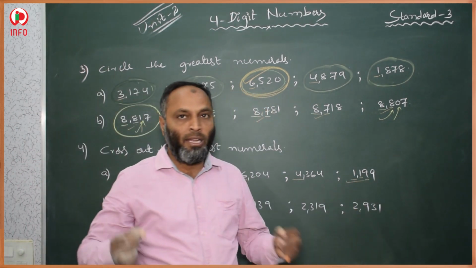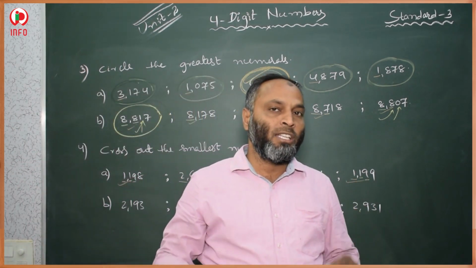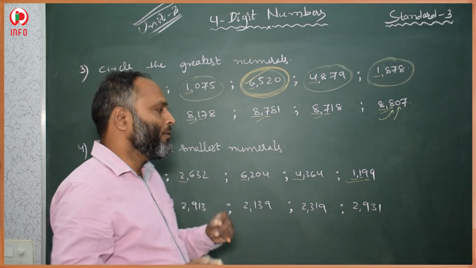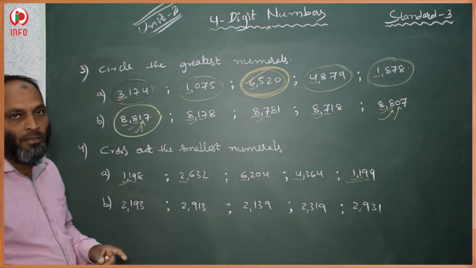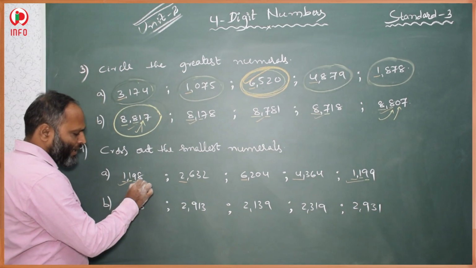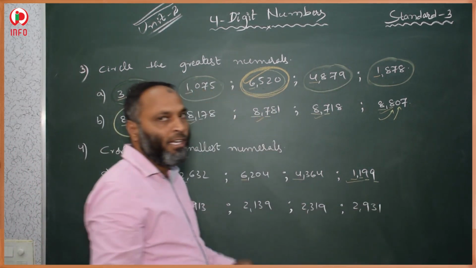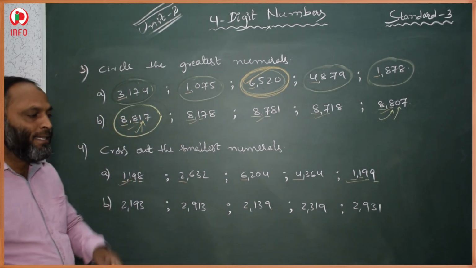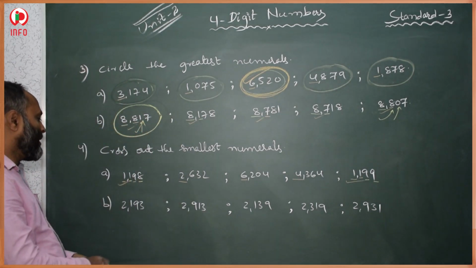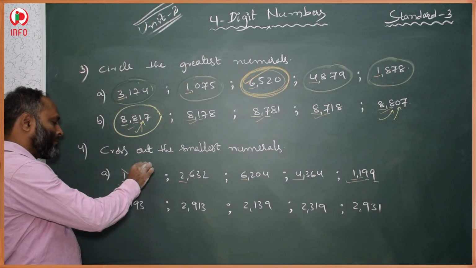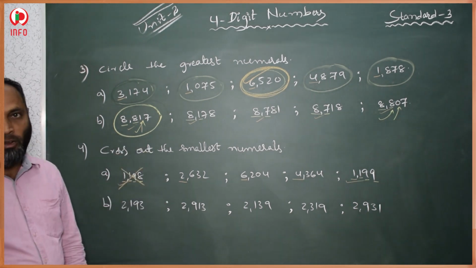Then the tens place value is also the same. Then you go for ones place value. What is the ones place value here? 8, here 9. Of 8 and 9, which one is the smaller? 8 is the smaller. If 8 is the smaller, then you make a cross. This is the smaller value.